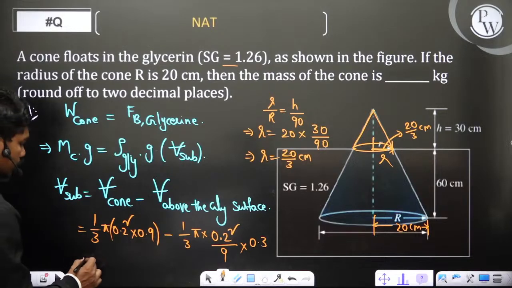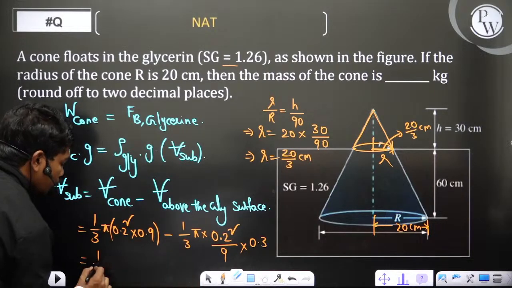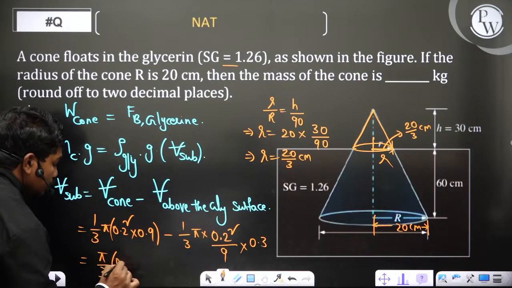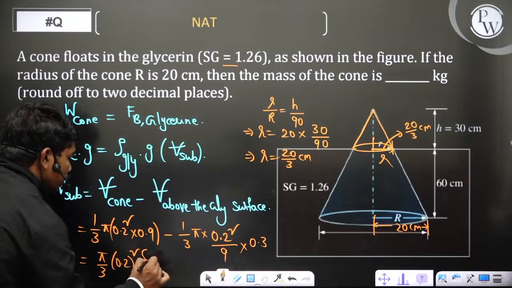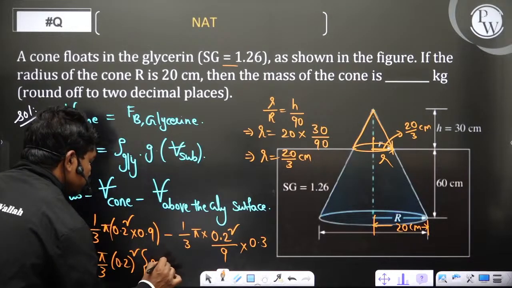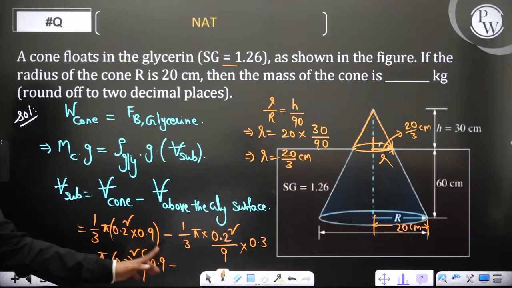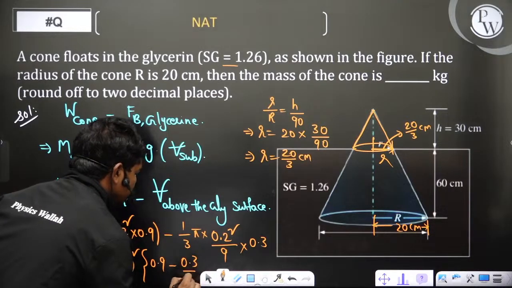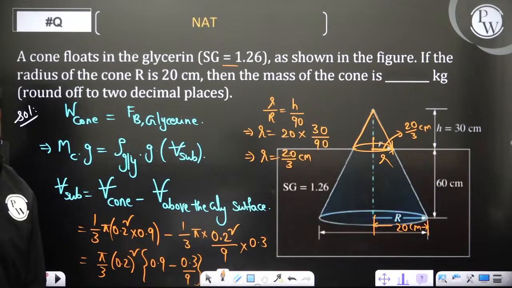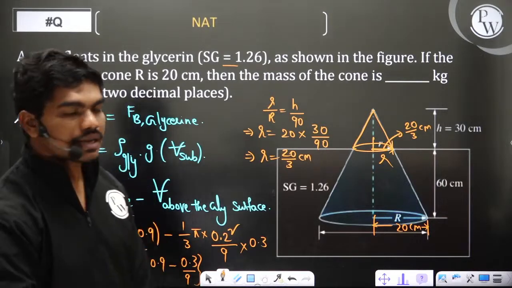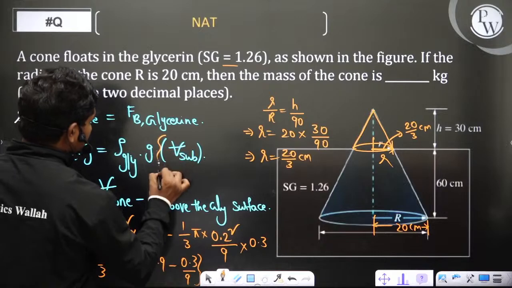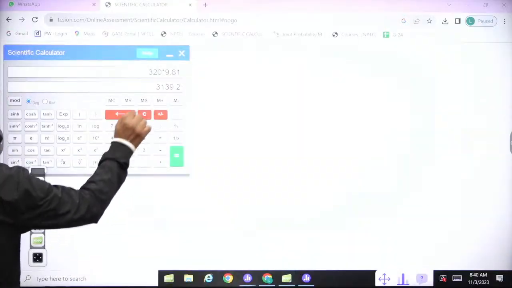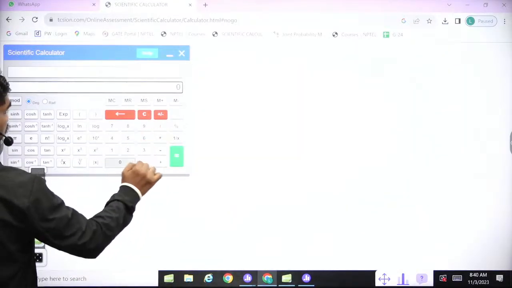So let us see what we can get for this. Pi by 3 times, simple calculation, only this little bit of geometry is the main thing. So pi by 3, 0.2 square into 0.9, minus pi by 3, 0.2 square into 0.3 by 9. Okay, so this is the volume which is getting submerged. Let us punch some keys: 0.3 divided by 9.